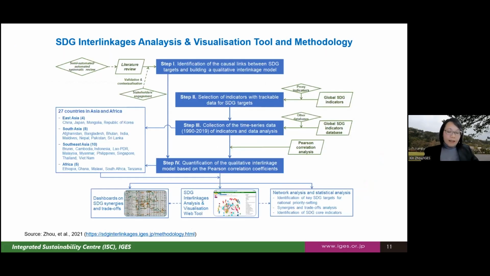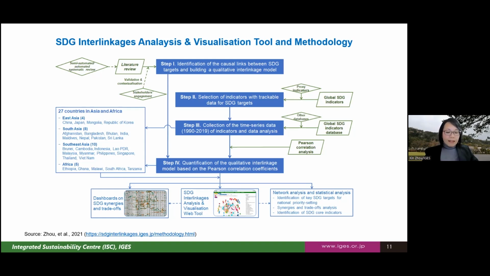At IGES, we developed a methodology and a tool to analyze and visualize the SDG interlinkages. The methodology includes 4 steps. Step 1 is to identify the causal relationships between relevant SDG targets and build a qualitative SDG interlinkage model. This was conducted through a comprehensive literature review, including a systematic review, combined with expert opinions and stakeholder consultations for some specific studies.